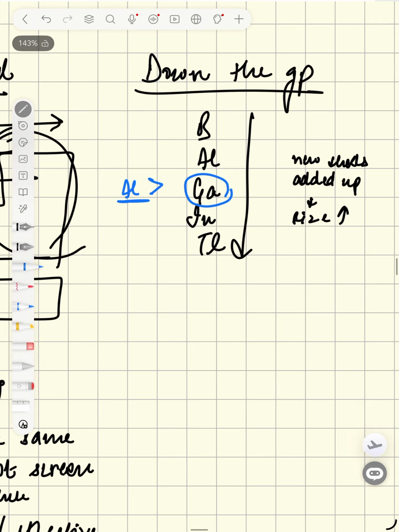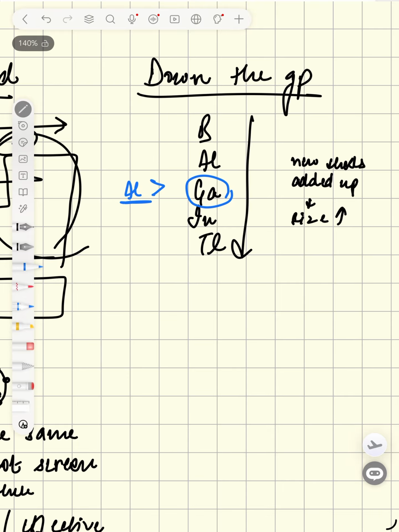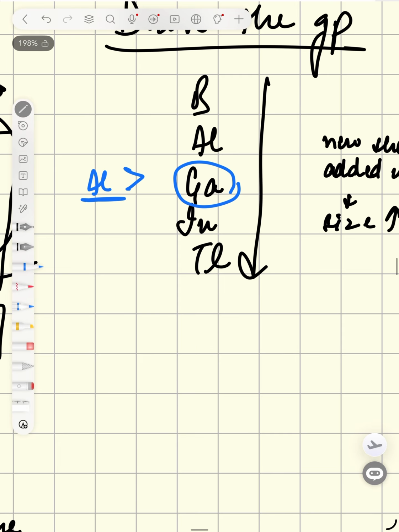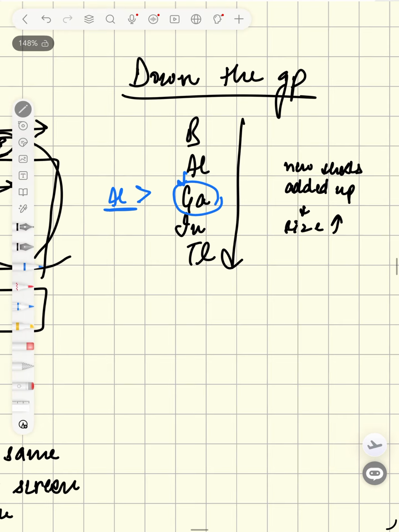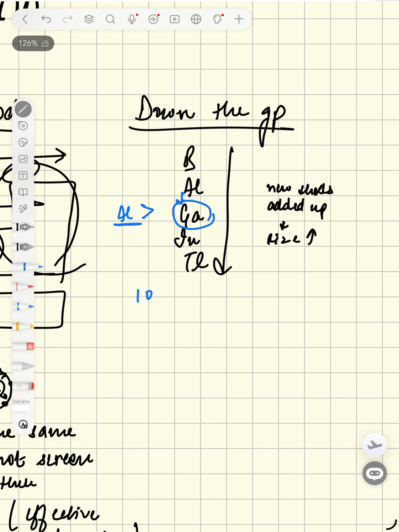Why is this? On moving from aluminium to gallium, there are 10 transition elements in between. Transition elements, these are D block elements. There are 10 D block elements in between.